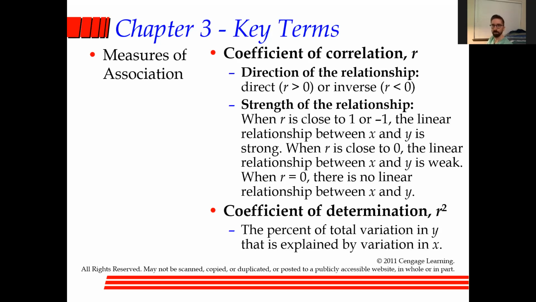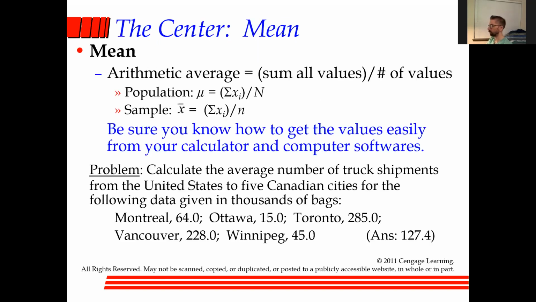When we talk about linear regression, we'll mention the coefficient of correlation. We may talk a little bit about the coefficient of determination, what that means. All right, so that's a summary of this chapter. Again, some of it will be for later, and most of it we'll cover in the next 3 meetings.